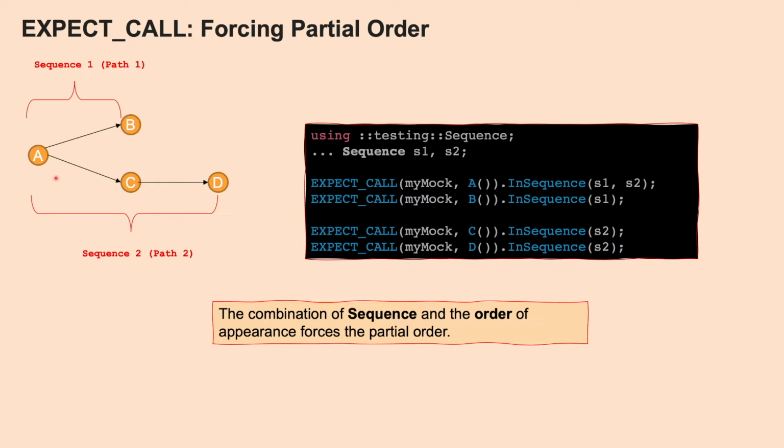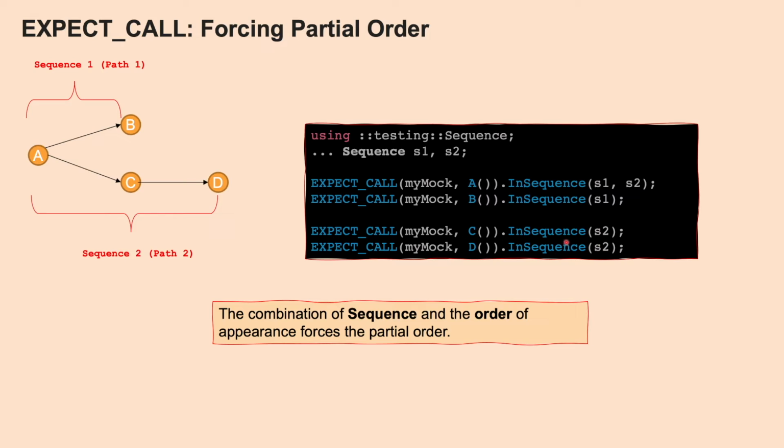And in order to assign these calls to each sequence, you just use .inSequence. For example, A participates in both sequence 1 and sequence 2, and that's why I have them as 2 parameters of inSequence. And B participates only in sequence 1, that's why we have S1 here. And C and D only participate in sequence 2, that's why we have S2 here.